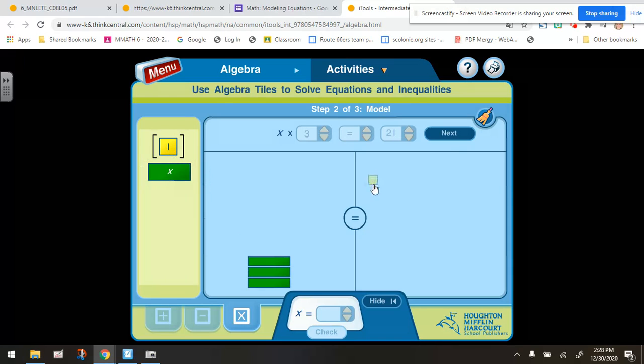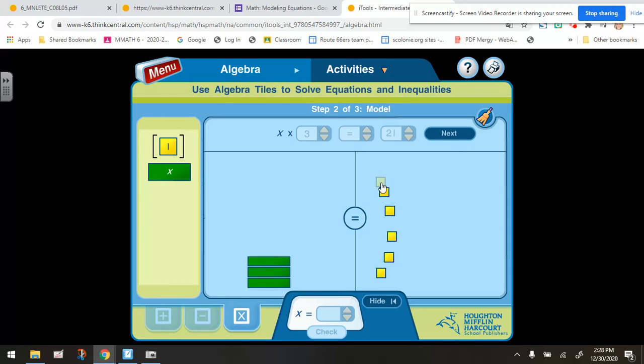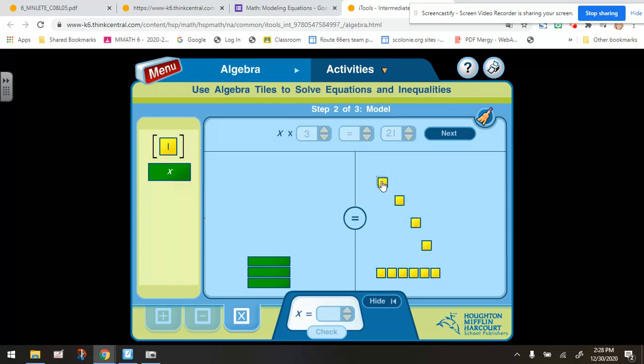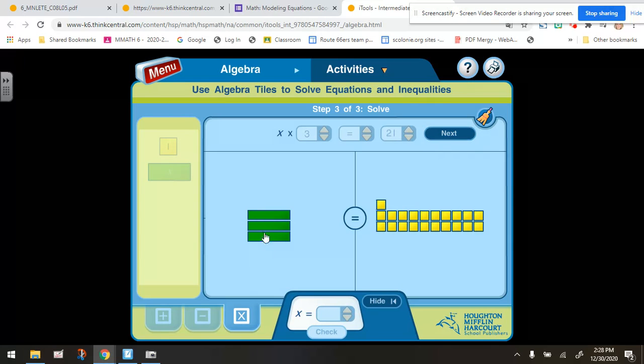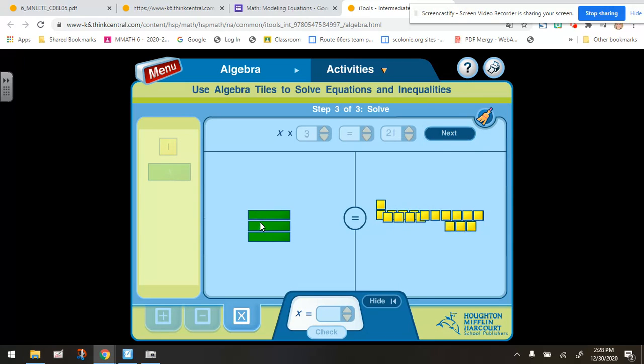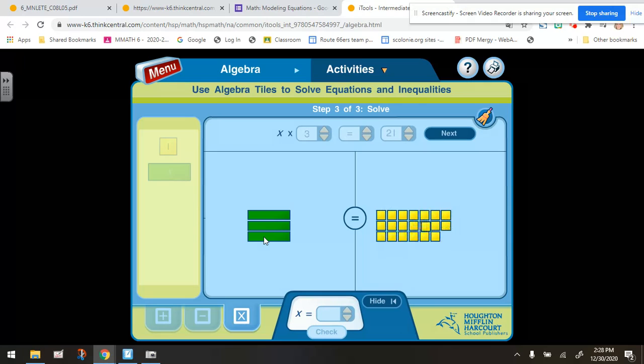And we need 21 of these. 1, 2, 3, 4, 5, 6, 7, 8, 9, 10, 11, 12, 13, 14, 15, 16, 17, 18, 19, 20, 21. All right, so the next thing to do is to slide each group around.